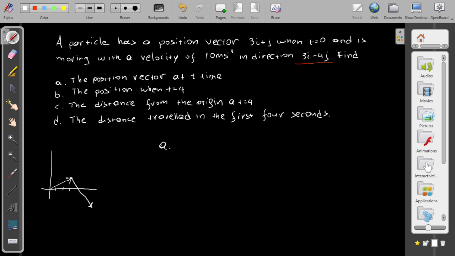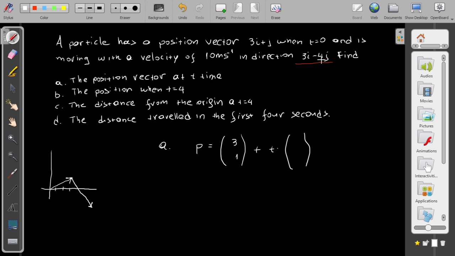Let's see how I would write the vector equation of the particle. It would be the position vector of the particle, which is 3, 1, plus t times a direction vector.